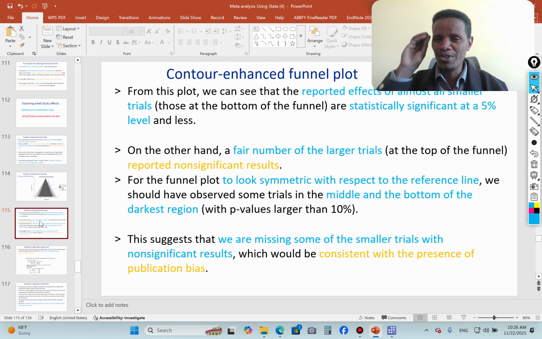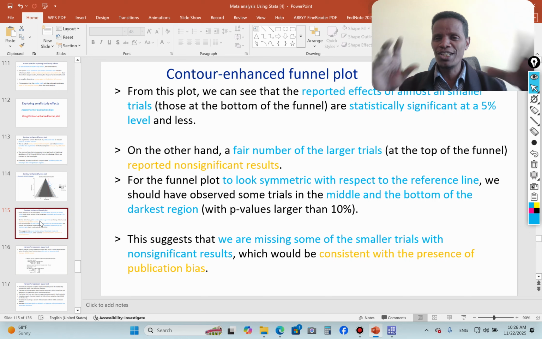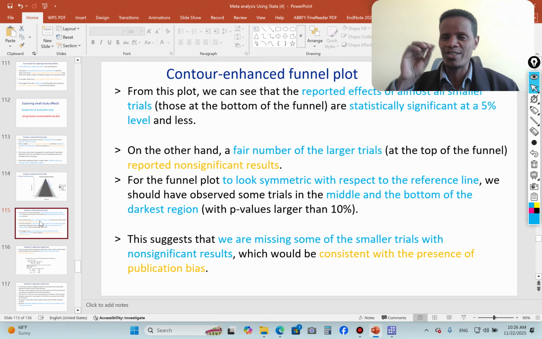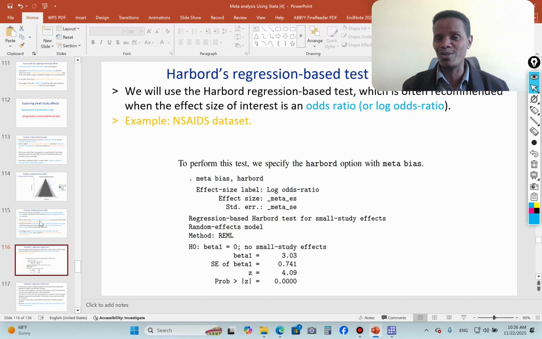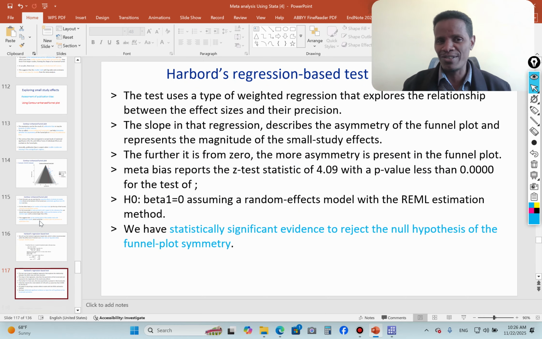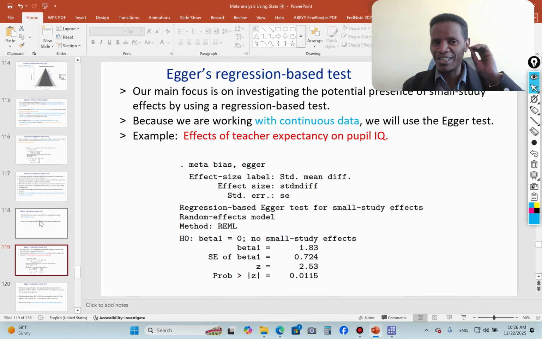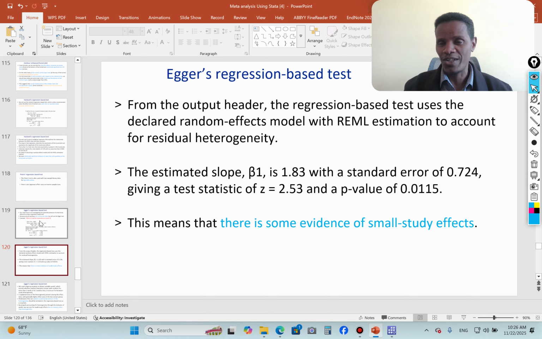But there are objective ways of assessing publication bias. Objectively, how do we assess whether there's publication bias or not? The techniques are Harbord's regression-based test, Peters' regression-based test, and Egger's regression-based test. I'm eager to show you how to do this in the coming videos.